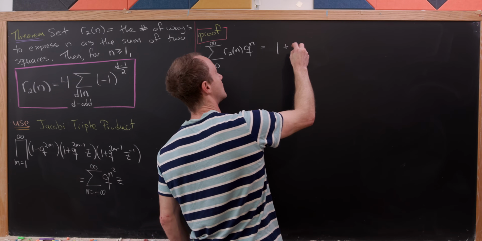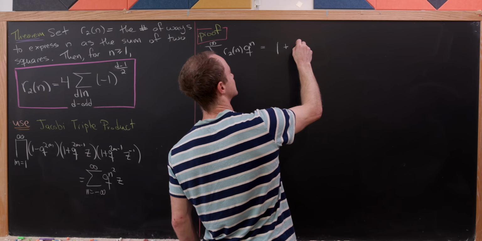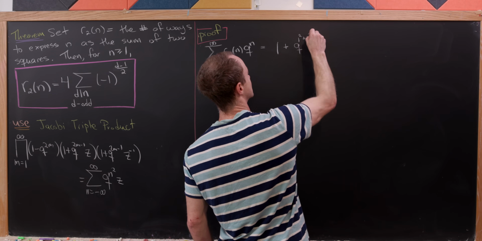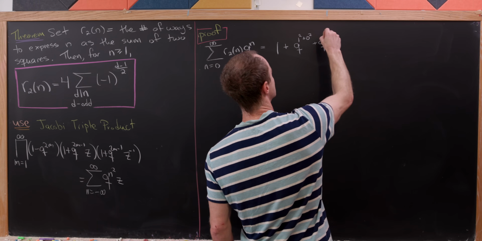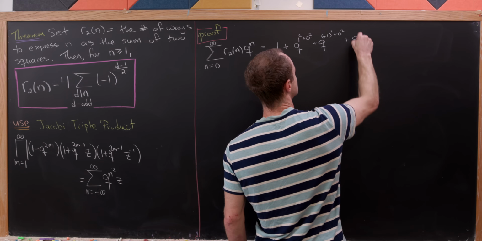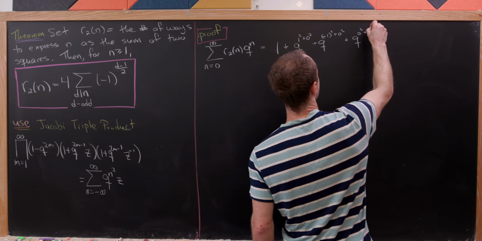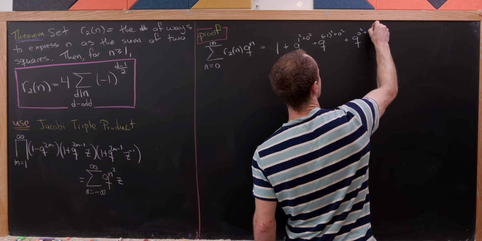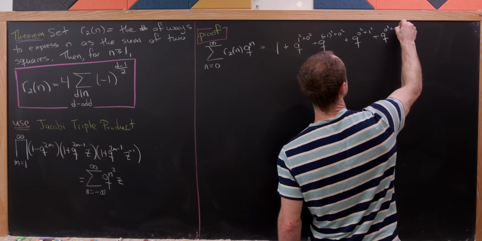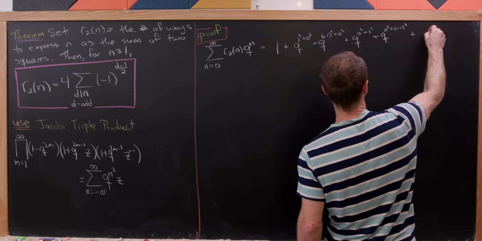And then we'll have plus, and now I'm going to write this as follows. This is going to be q to the 1 squared plus 0 squared, plus q to the minus 1 squared plus 0 squared, plus q to the 0 squared plus 1 squared, plus q to the 0 squared plus minus 1 squared.